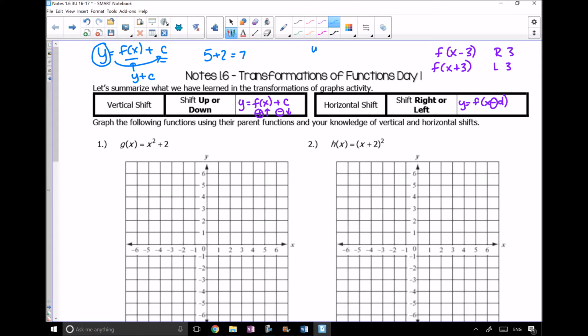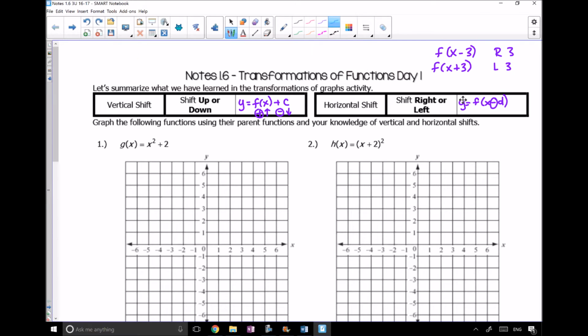But if I have y equals f of x minus 3, what's really happening is this x minus 3 is not in terms of y. So it's really kind of like x minus 3 equals 0. So x equals positive 3, which means it shifted to the right 3.